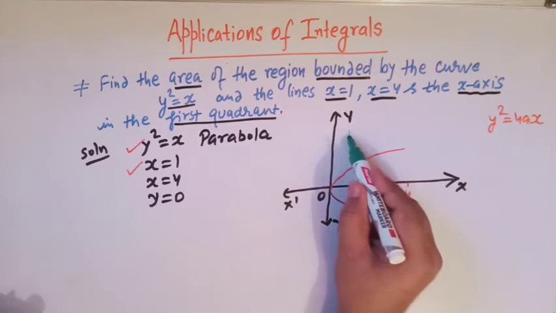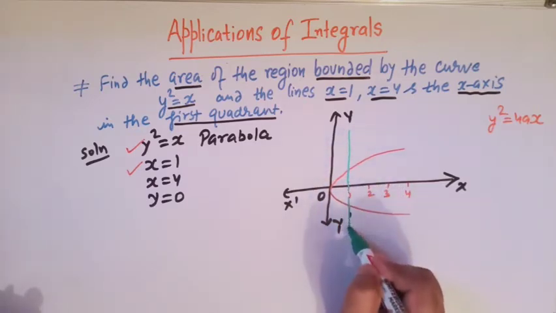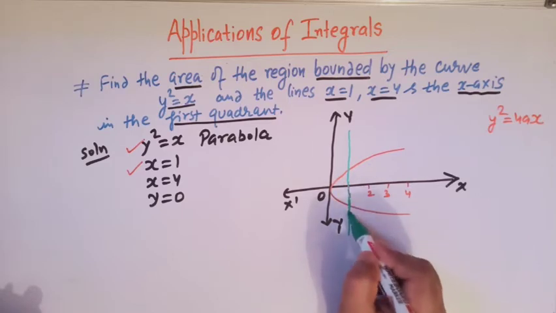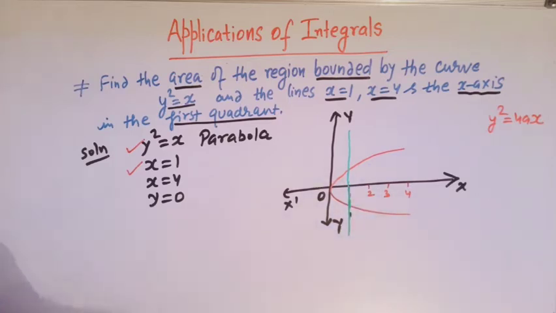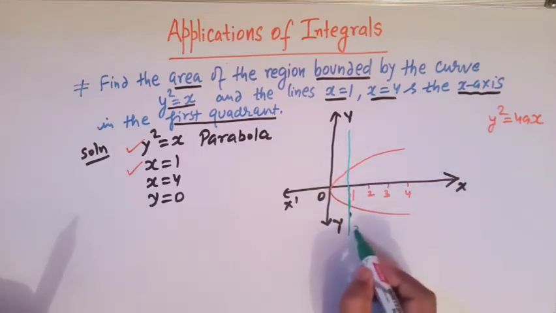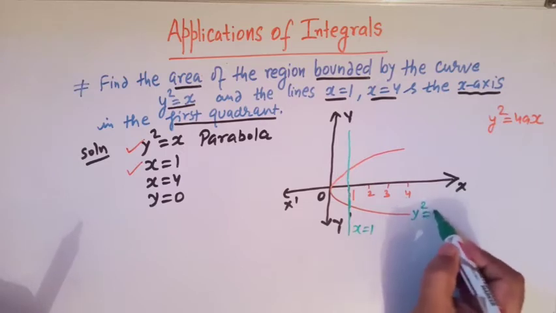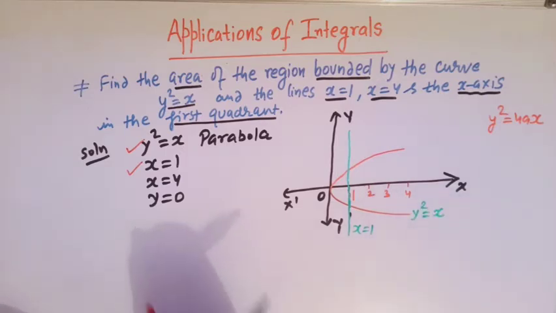Clear? So here we have the line. Here we have 1, and this is the x equal to 1 line, and this is y square is equal to x.